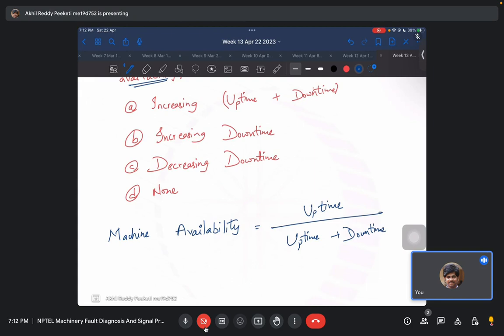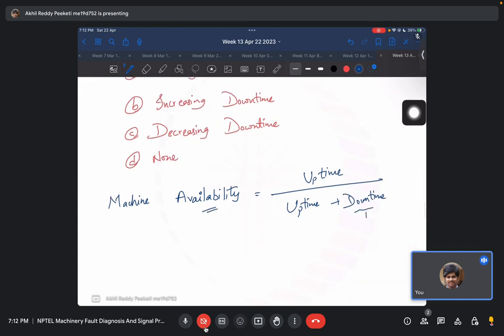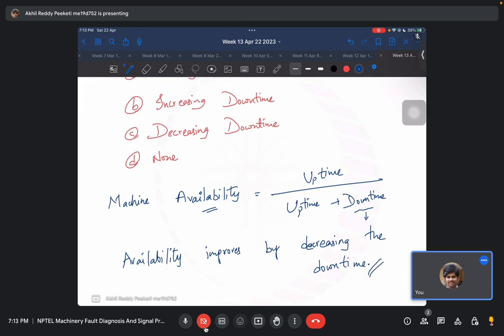So if you want to improve availability, then if you decrease the downtime, the denominator reduces, so the total fraction will increase. So availability improves by decreasing the downtime. Okay.